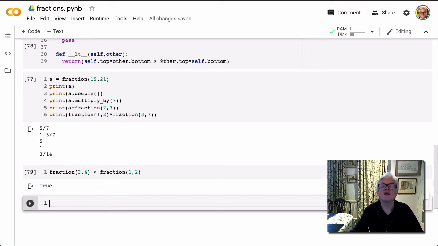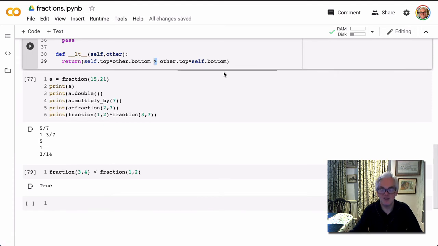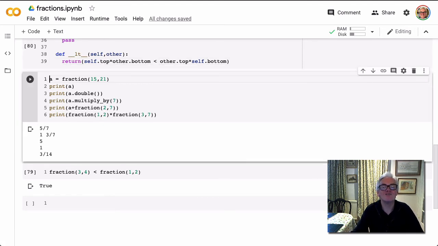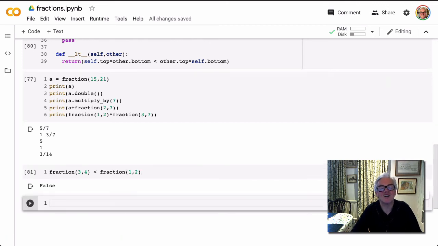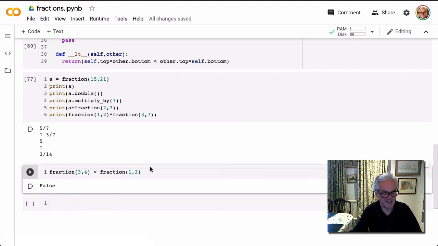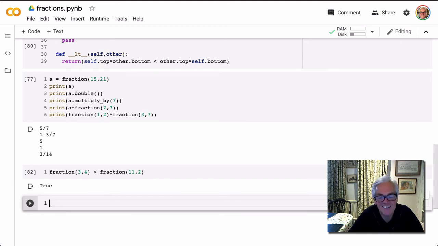Oh, yeah, okay. You should have spotted that as I was going through. I typed the wrong symbol in there, so that was totally the wrong way round. It had a 50-50 chance, didn't it? Is 3/4 less than 1/2? No, it isn't. Is 3/4 less than 1 1/2? Yes, it most certainly is, which comes as a relief, doesn't it?